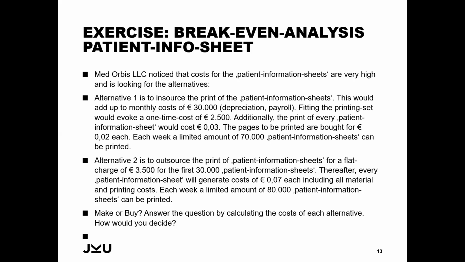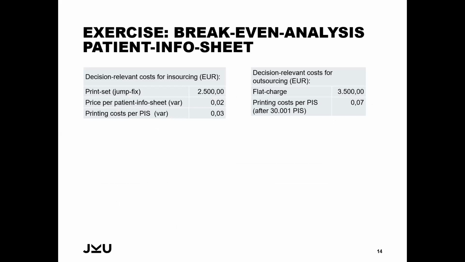Hope so far you were able to follow me. All right. So here we have, in a sense, exactly what we've been talking about. On the one hand, 2,500 euros and altogether 5 cents, and the flat charge on the other hand of 3,500 euros. And for every print after 30,000 patient information sheets, we have costs of another 7 cents.